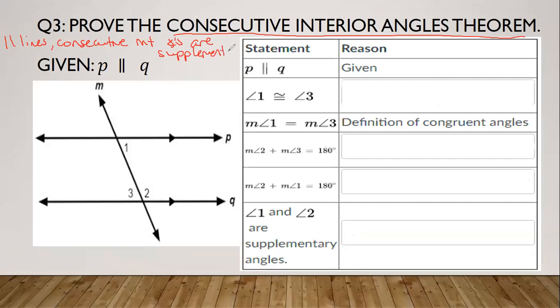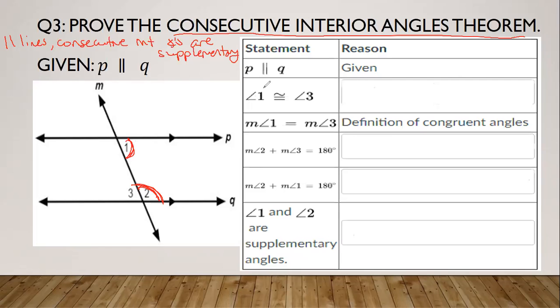So we want to prove that consecutive interior angles are supplementary. In this situation, angle 1 and angle 2 are the consecutive interior angles. So we want to show that angle 1 plus angle 2 is 180. They have the proof practically done for us. We just have to fill in some of the reasons here.